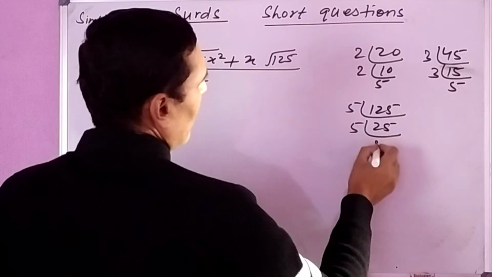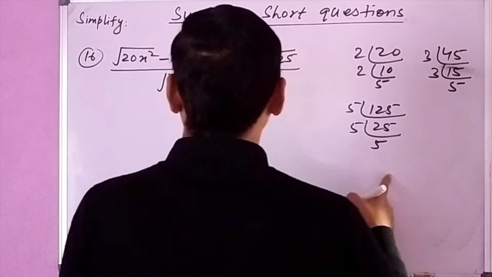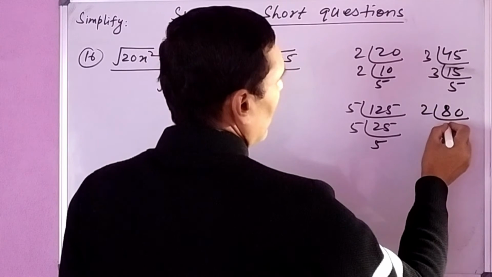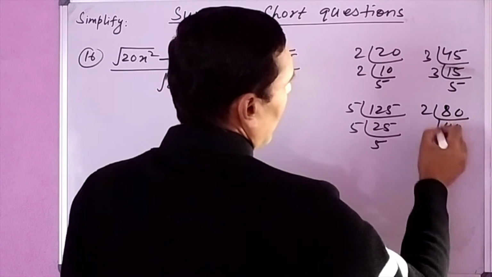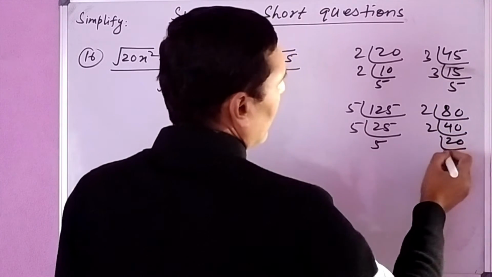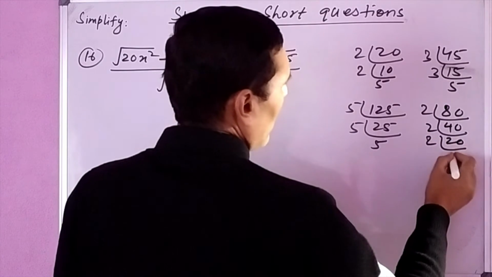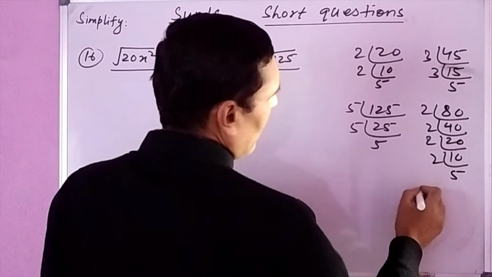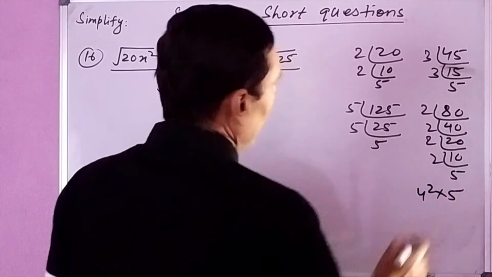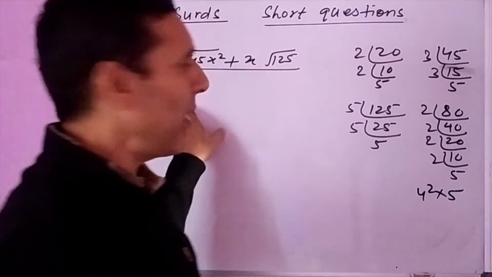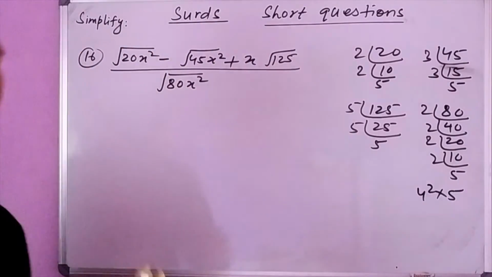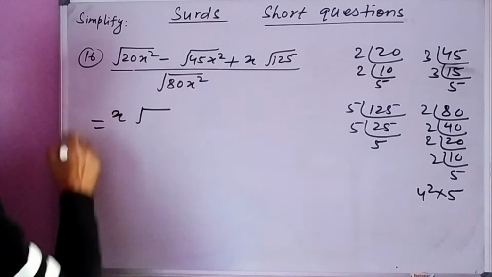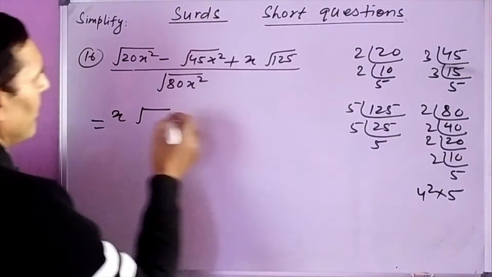And this 125: 25 times 5, 5 square into 5. 80: 40 times 2, 20 times 2, 10 times 2, 5 times 2. So it is 4 square into 5, because 16 into 5 is 80. So this x comes out, and for this 20 we can write 2 square into 5.